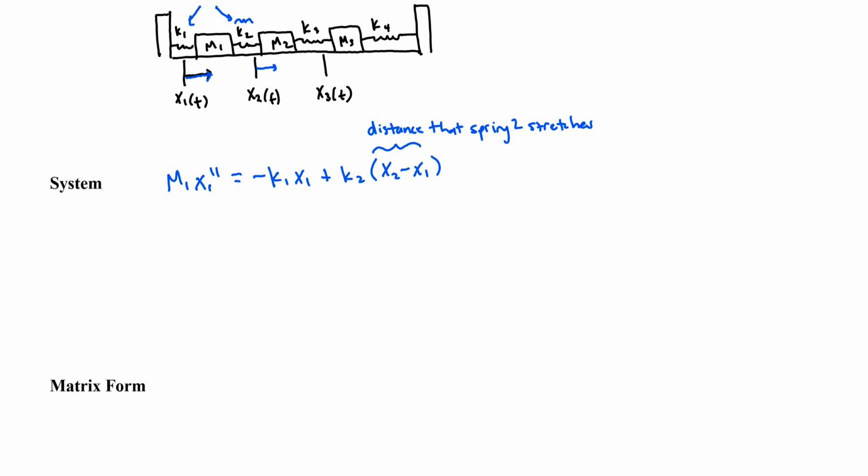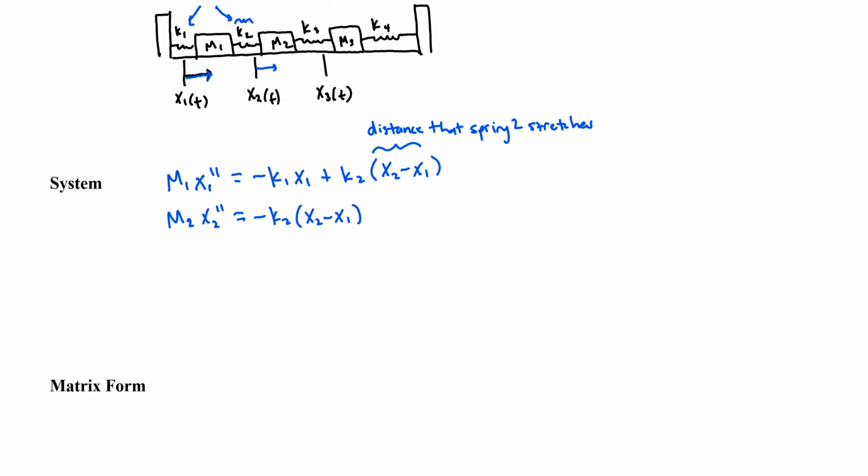Okay, looking at the second equation for the second mass and applying Newton's second law, we have mass m sub 2 times position x sub 2 double prime. Applying Hooke's law here, we've got spring 2 with spring constant k sub 2 acting on one side of that second mass. So it's going to have term negative k sub 2 times x sub 2 minus x sub 1.